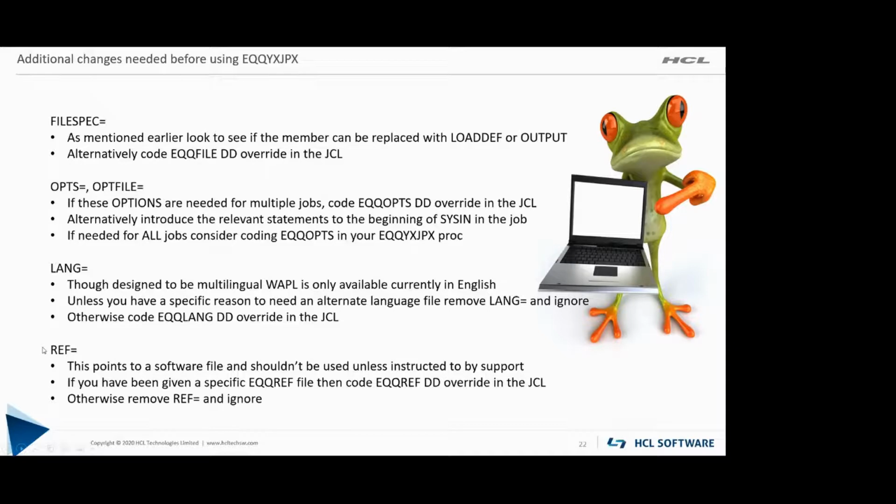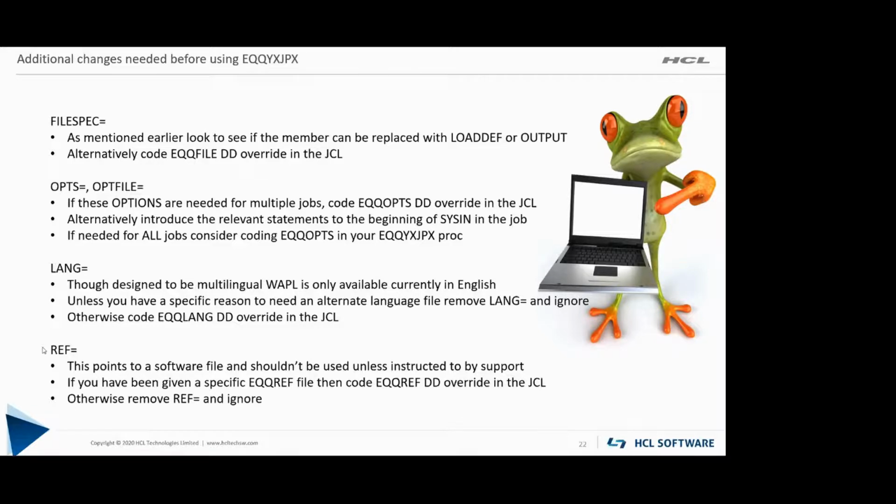Ref equals is another one. It points to the reference table that WAPL uses when it starts to load all of its definitions. So if you've got ref equals in your job JCL, first, you shouldn't be using it. But if you are using it, there's a chance you've probably been told to do that by support because you've been given a temporary version of the EQQ ref file ahead of a fix.